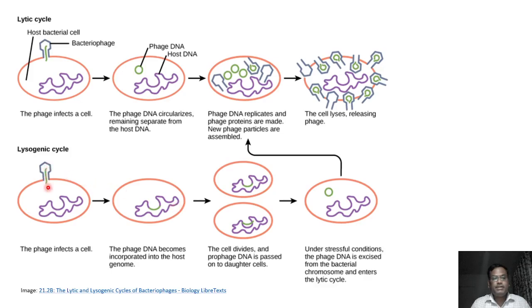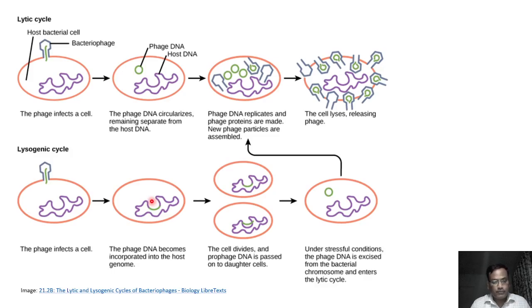And the phage DNA, instead of multiplying separately, has become part of the DNA of bacteria. So now it is part of the chromosome. It is not going to form multiple copies of phage here. It is just going to be part of the chromosome. It is not going to produce the phages.